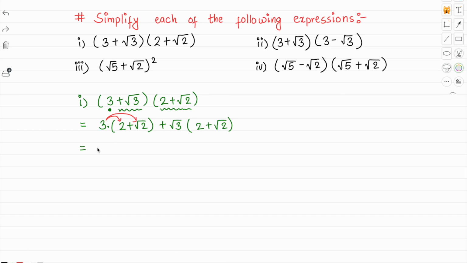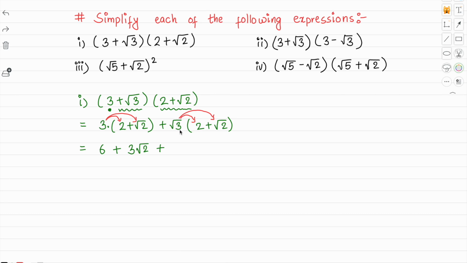Now what we are going to get here is 3 times 2 is 6, plus 3 times root 2 is 3 root 2. Okay, again we have our plus over here, and then we have our root 3, and then we have our 2. Now again what we have to do is multiply this 2 with our root 3, and we also have to multiply this root 2 by our root 3.